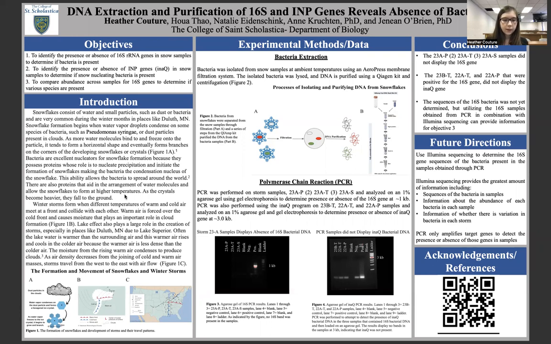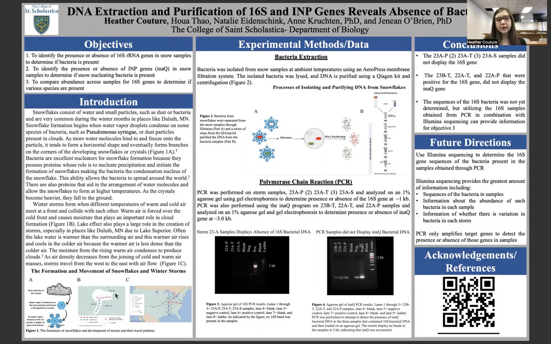So, winter storms have a tendency to move from west to east, as shown in B and C in figure 1. And the reason some bacteria do this is it allows them to travel and go to other regions.